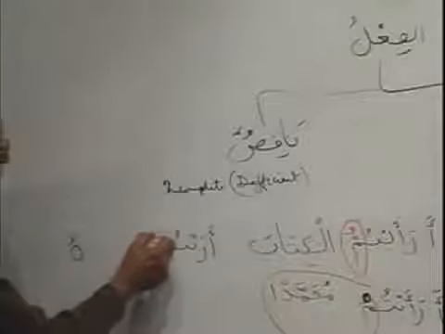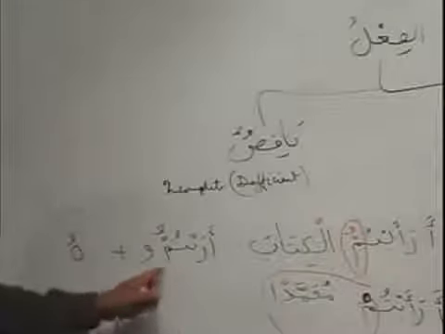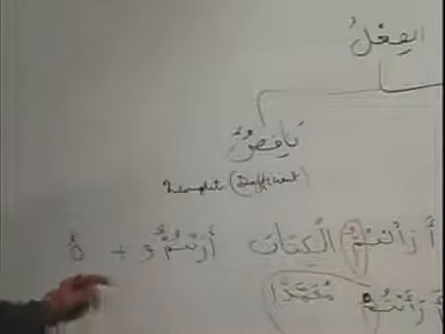Ara'ay. Now you will have to have here a wow, an extra wow, only in antum. And then if you have wow here, you will give dhamma. So what will you say now? Ara'aytumuhu. Ara'aytum who.